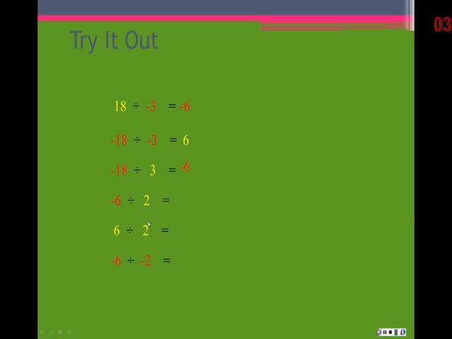Negative 6. Negative 6 divided by 2? Negative 3. 6 divided by 2? Positive 3. Negative 6 divided by negative 2? Positive 3. Okay, so the rules are pretty easy, right?